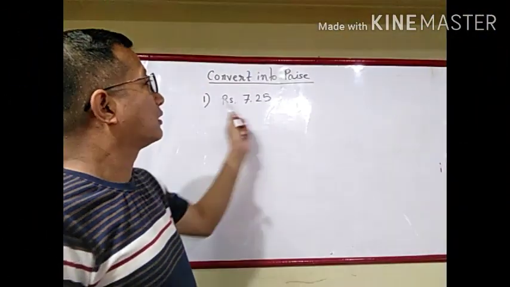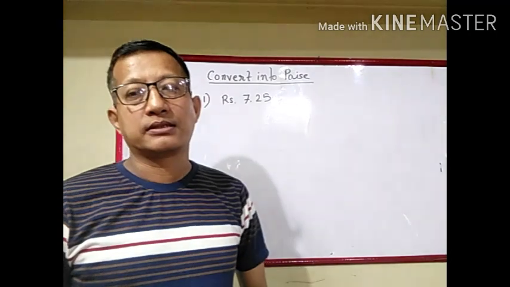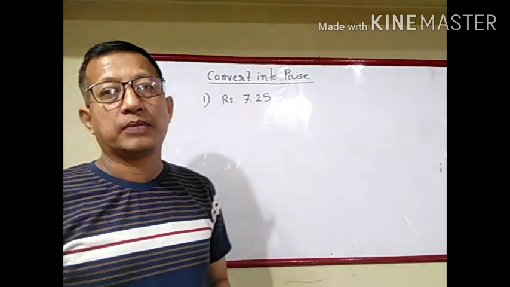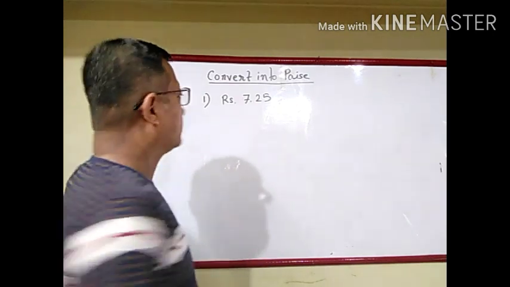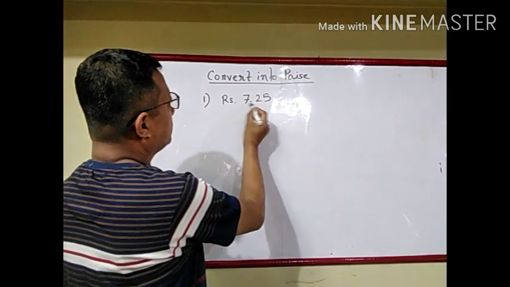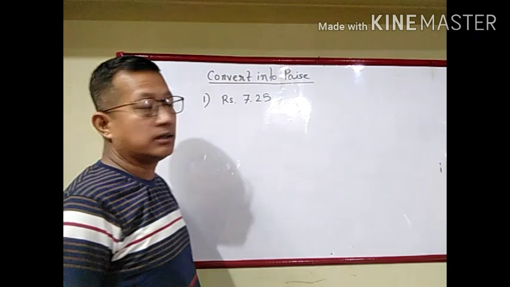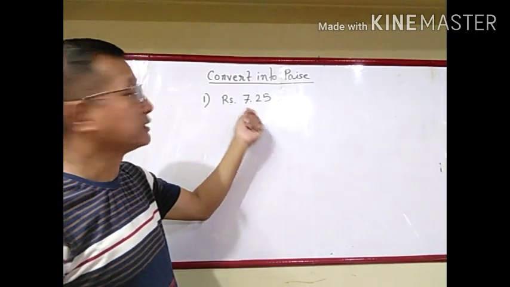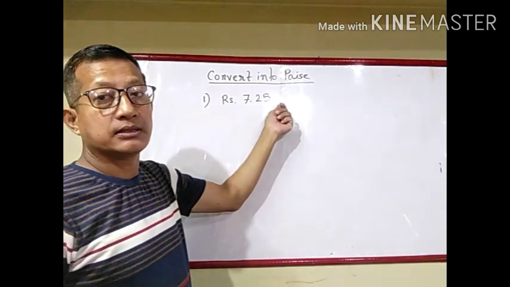See, convert into pies. That means rupees is given, and you have to convert into pies. How can you convert? See here, rupees 7.25. We know before the decimal is the rupees and after the decimal is pies.